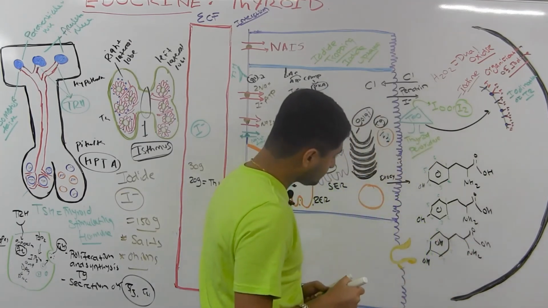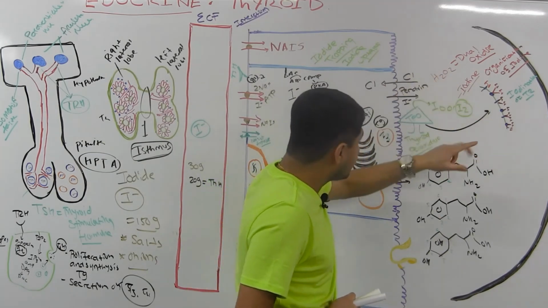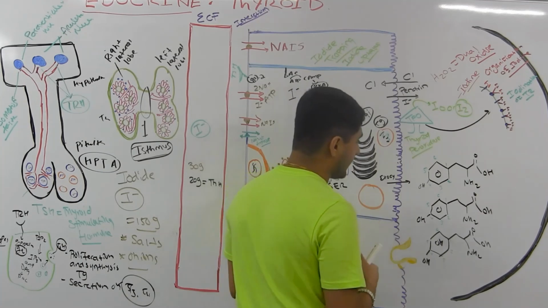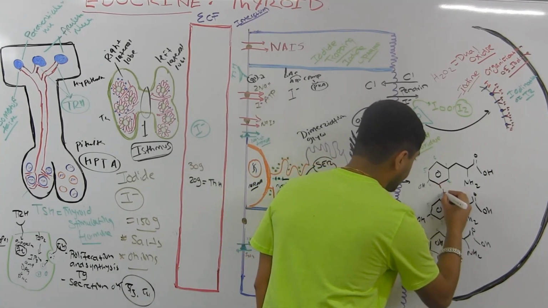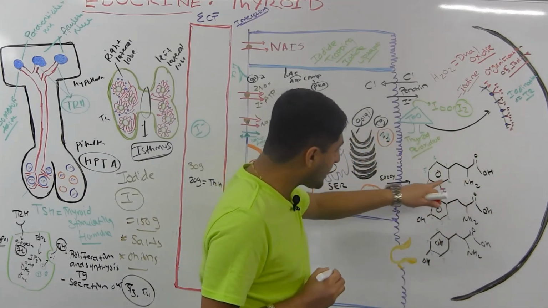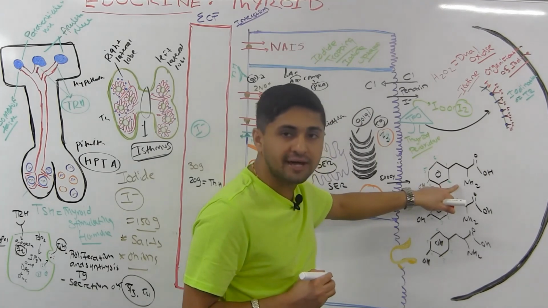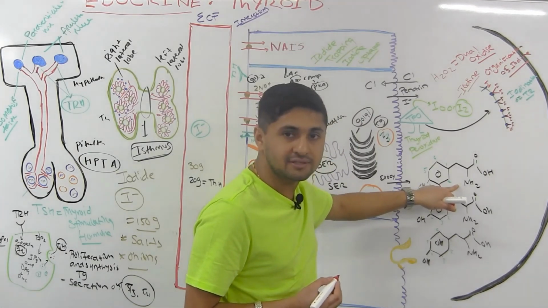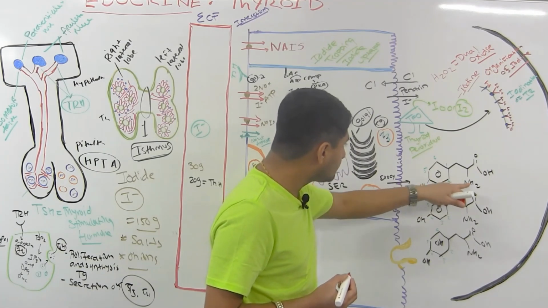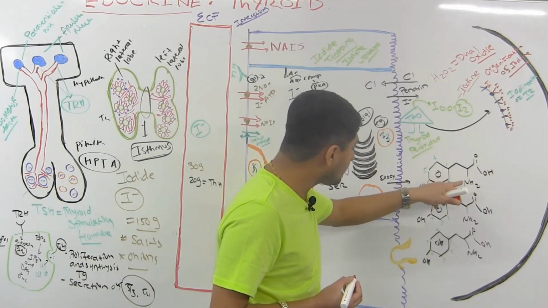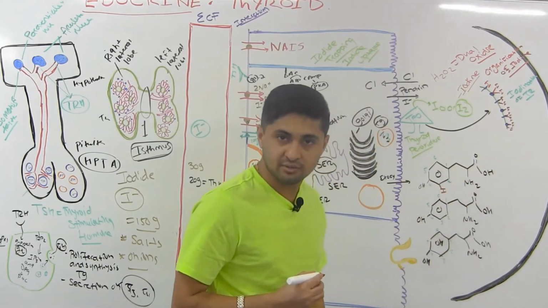Now, look, we have iodine. Whenever this iodine adds into, let's say, the 3 position right here, they added 1 I here. Now this is on the tyrosine residue, you add 1 iodine. Because this is organification of your iodine, or iodination of your tyrosine residue, because you're adding iodine.